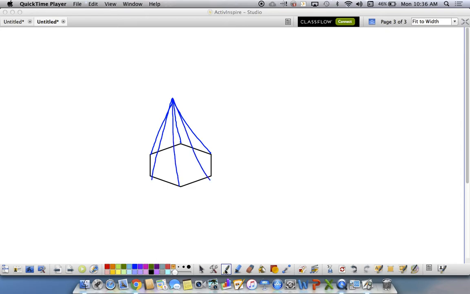Horrible pyramid, but my vertex is up here. My base is down here. It's a regular hexagonal pyramid, so every side is the same. So every one of these is the same.